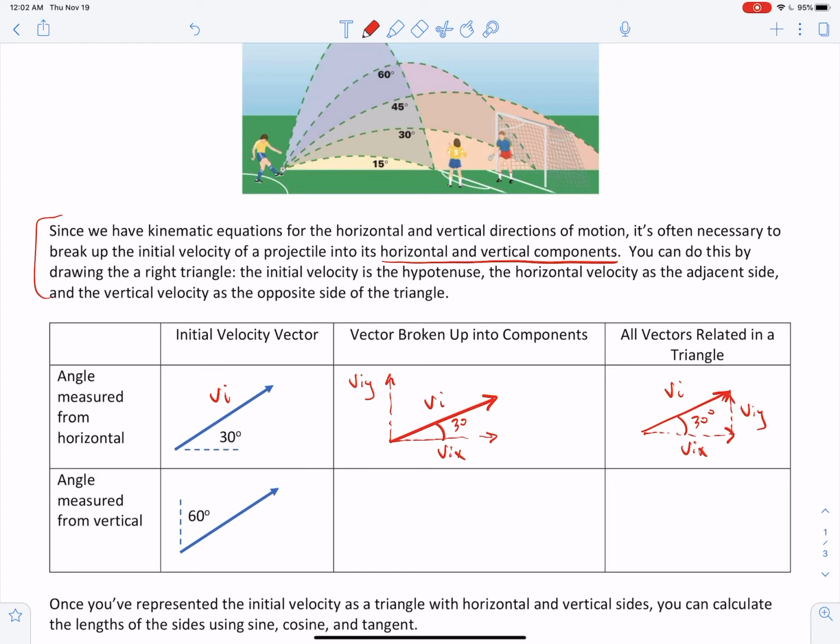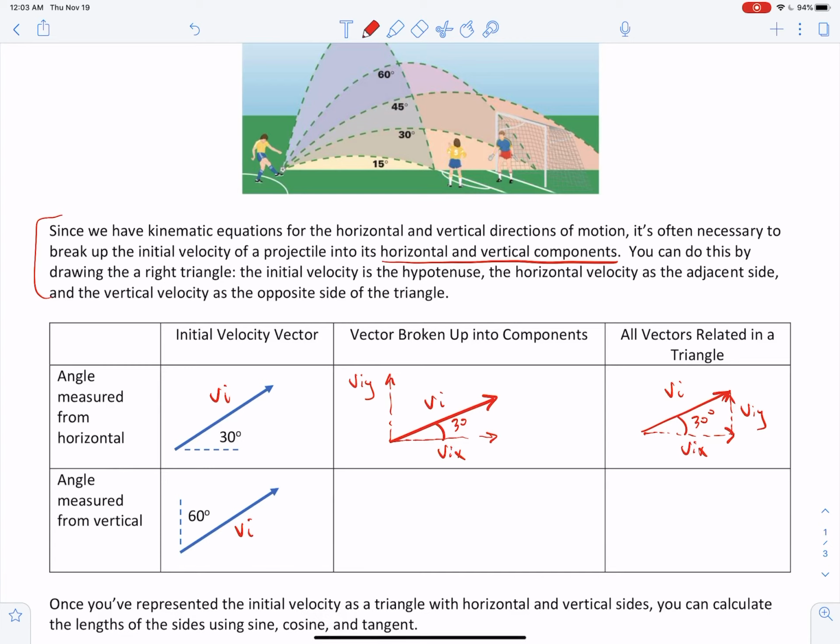What if, however, the angle is measured from the vertical? So same triangle as before. Last time we measured 30 degrees from here, but you can also do the same thing and measure the angle from the vertical. So in this case, we'd have 60 degrees from the vertical for the same vector. So this is still the initial velocity.